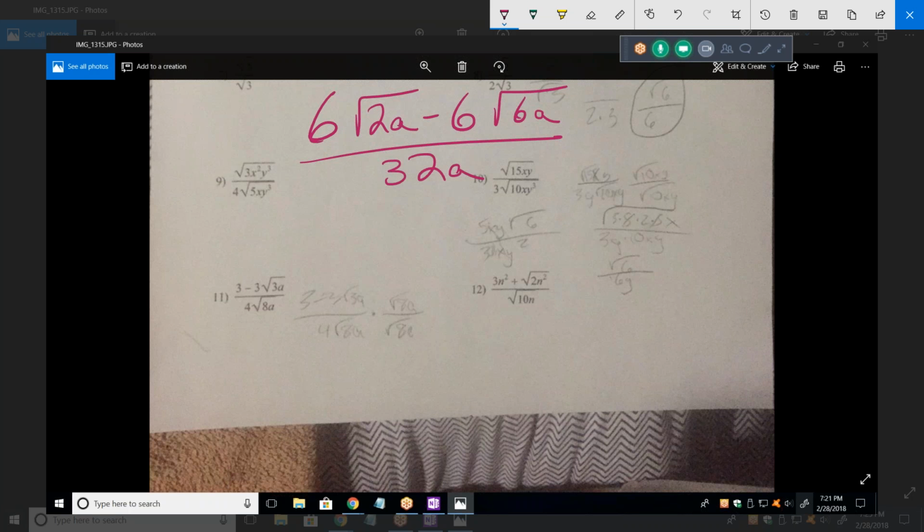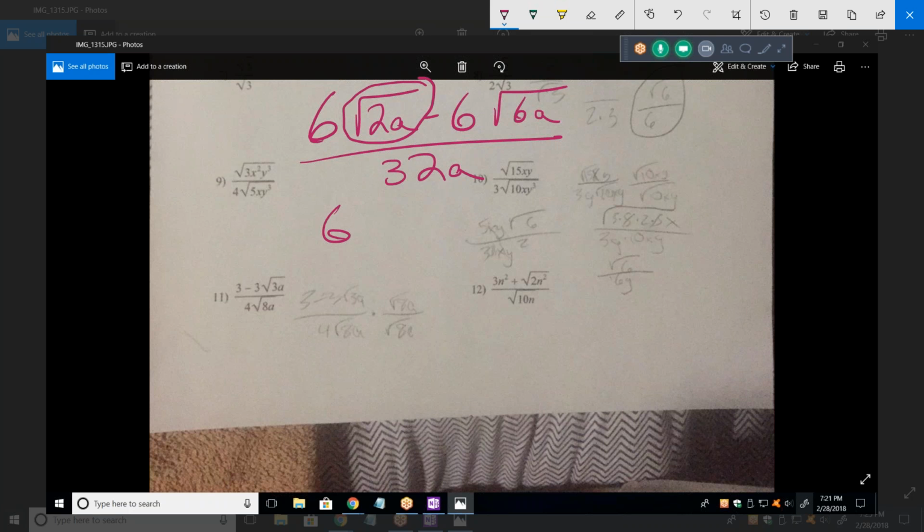Now here's why I can simplify it. Because I can write 6a as square root of 2a times square root of 3. So here's what I'm going to do.